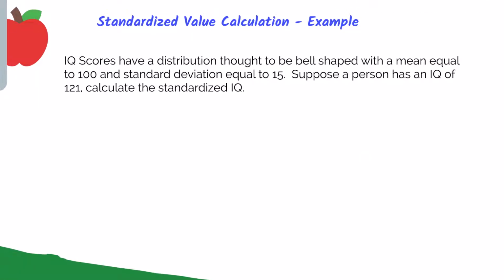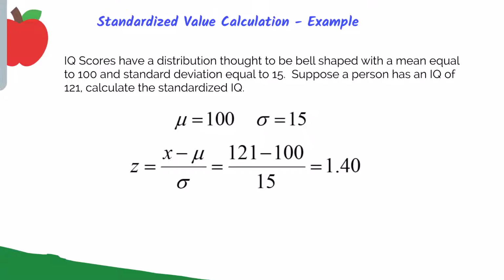IQ scores have a distribution that's thought to be bell-shaped, with a mean equal to 100 and a standard deviation of 15. Suppose a person has an IQ of 121, and we want to calculate the standardized IQ for this person.